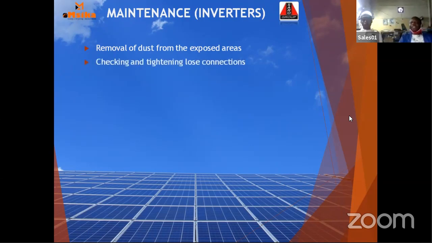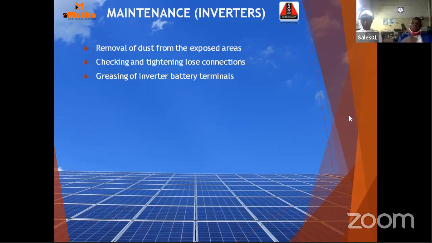Also, we need to check and make sure that the cables are tight once you install your inverter. All those parameters are very important. You also make sure that the terminals of the battery, where your inverter has got the cable connected, are checked. They tend to have some whitish stuff which we call sulfation on the terminals. So you need to grease them regularly, maybe in a period of 6 months.